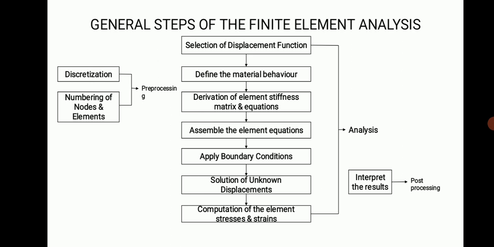So next we want to see the general steps of the finite element analysis. There are 10 steps followed in the general steps of the finite element analysis, that is discretization, numbering of nodes and elements.